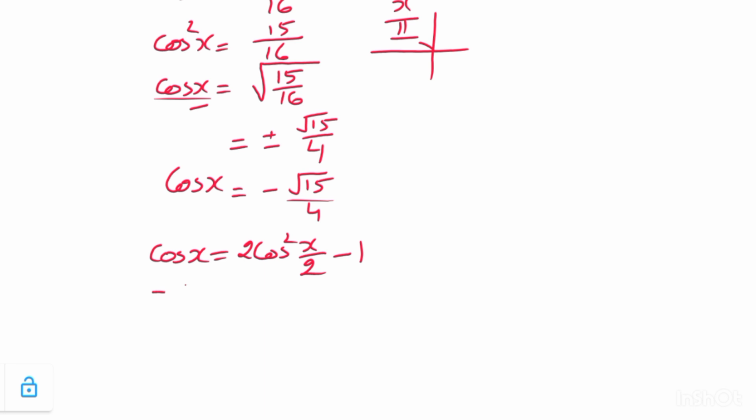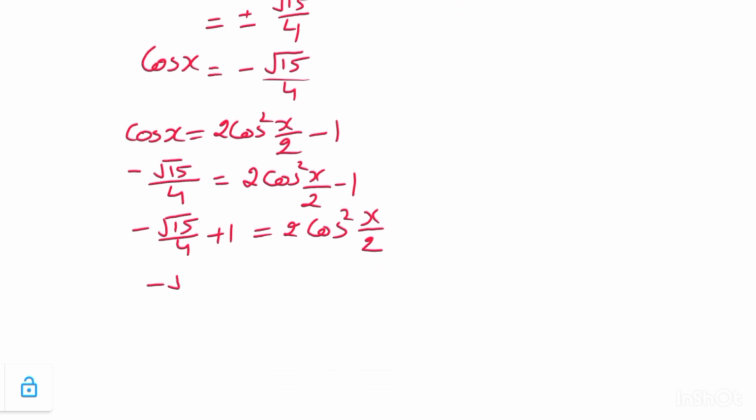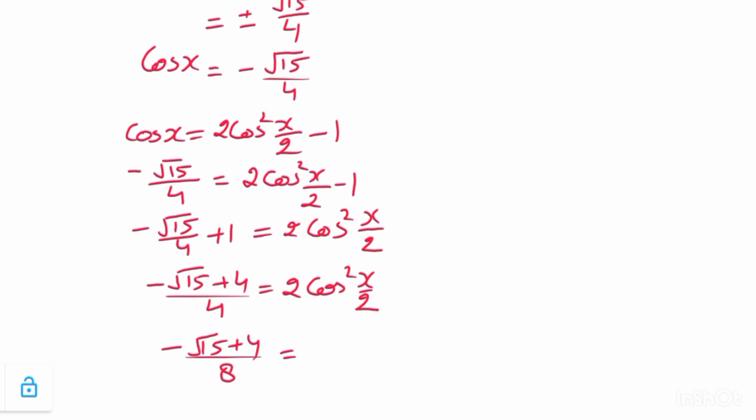Now cos x is negative 15 by 4, which is equal to 2 cos square x by 2 minus 1, which will give negative 15 by 4 plus 1 is equal to 2 cos square x by 2, and this will give negative 15 plus 4 divided by 4 is equal to 2 cos square x by 2, or negative 15 plus 4 divided by 8 is equal to cos square x by 2, right?